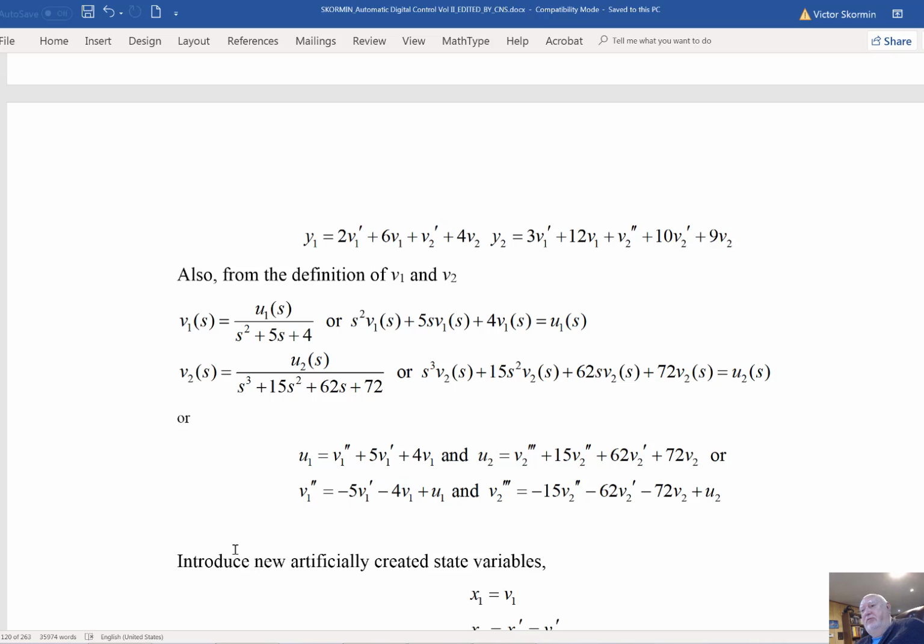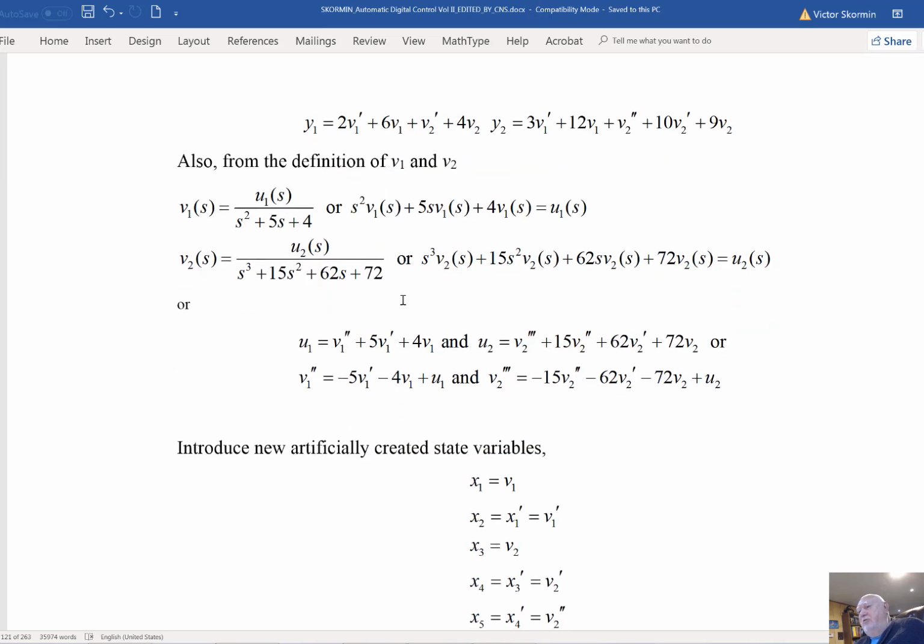And now I will convert these two expressions to the time domain. Look, u1 is equal to this expression, and u2 is equal to this expression. It's very easy to do.